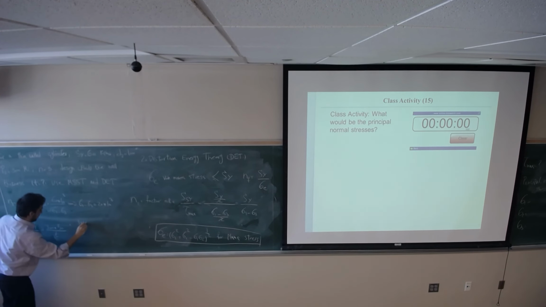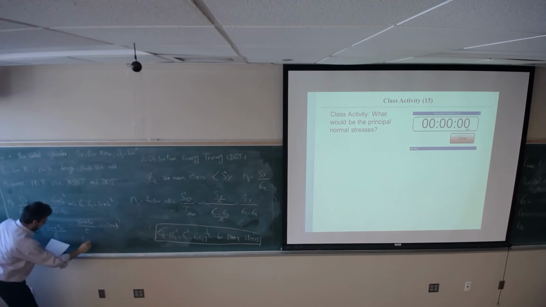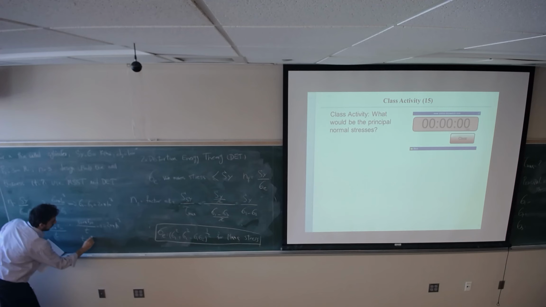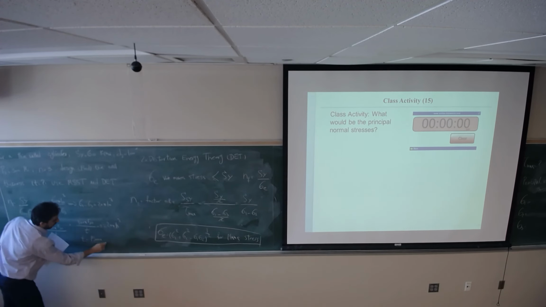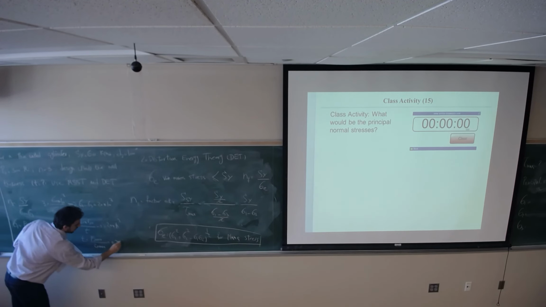300 times 50 divided by t minus 0 equals 20,000. So the t would be 15,000 divided by 20,000, which is 0.75 inch.